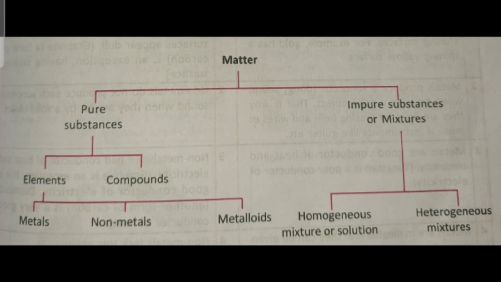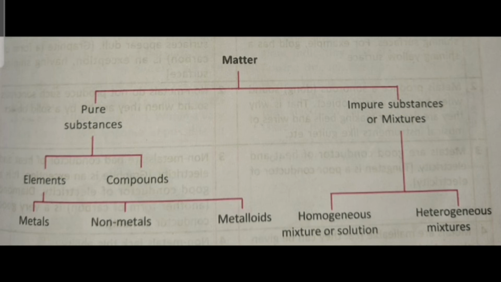So we can just mention two words, element and compound. Now let us know a little bit about them. Here you can see that matter can be classified into two things, pure and impure. All matter around us is either pure or impure. A pure matter contains only one kind of particle. Thus, it is homogeneous in nature.